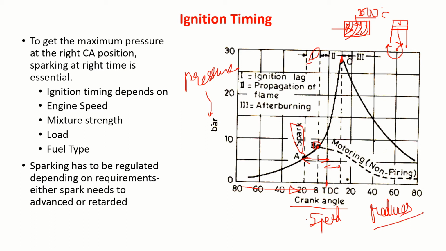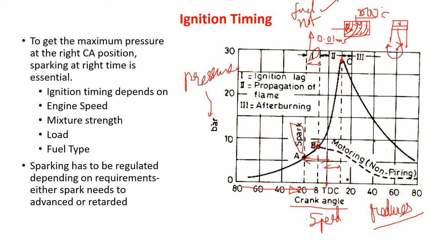However, this ignition lag time is not dependent on speed. It's a fuel characteristic, property. So that means, suppose the ignition lag, let us consider it is 0.01. I'm just simply saying this, millisecond or whatever it is. Assume that.